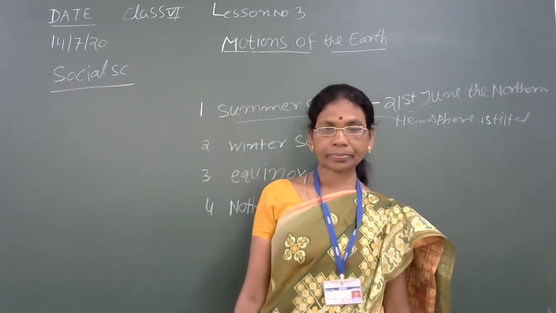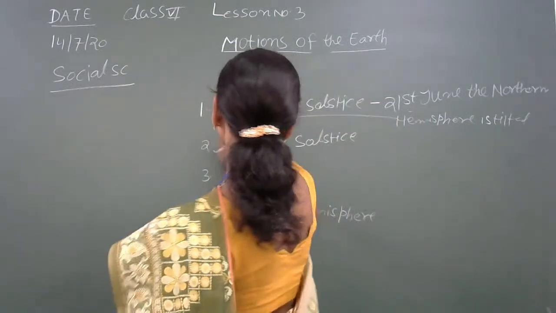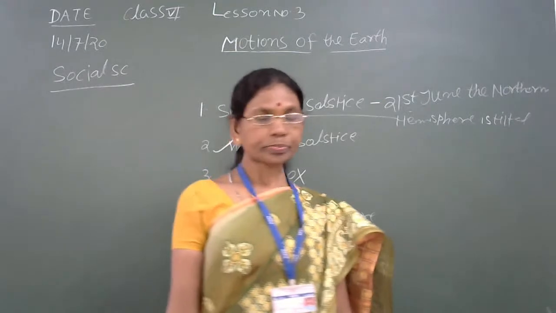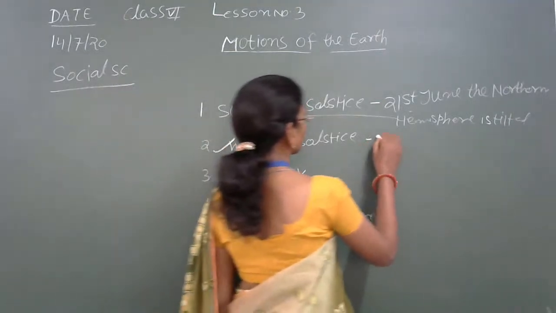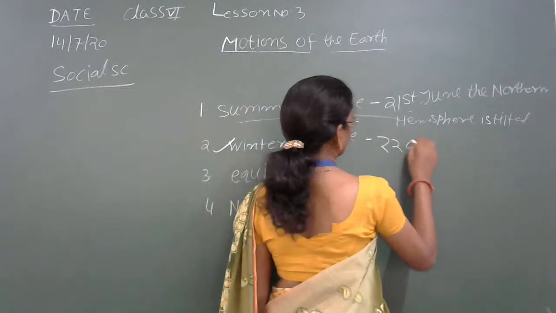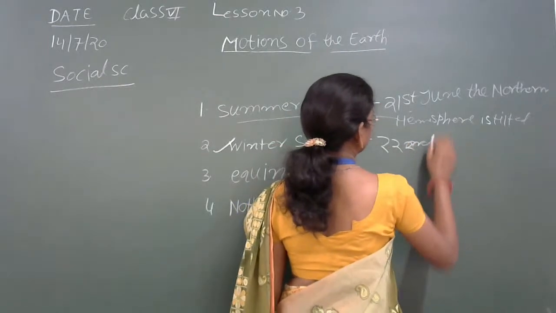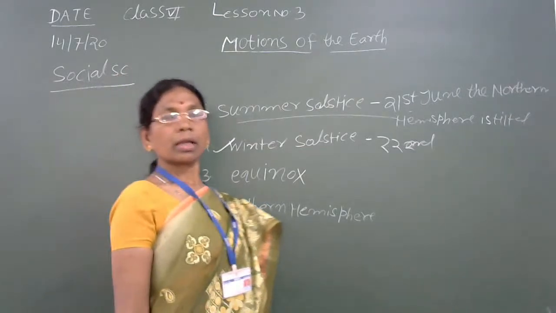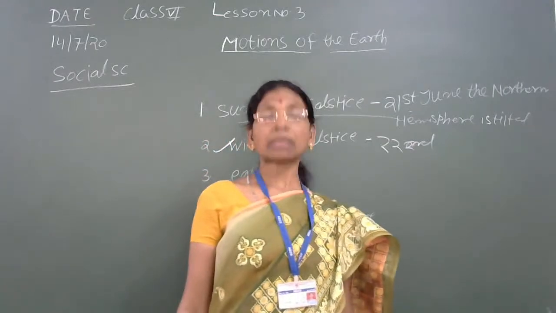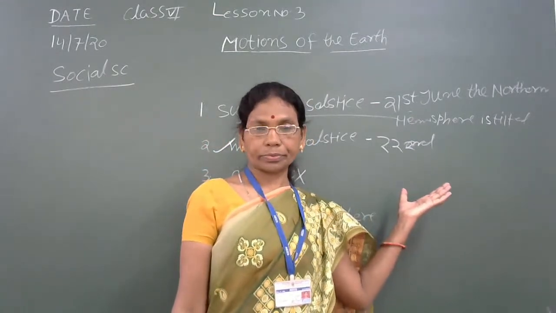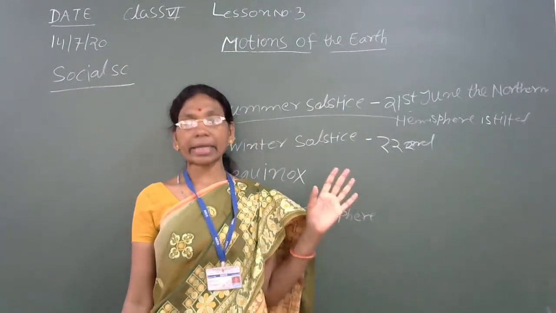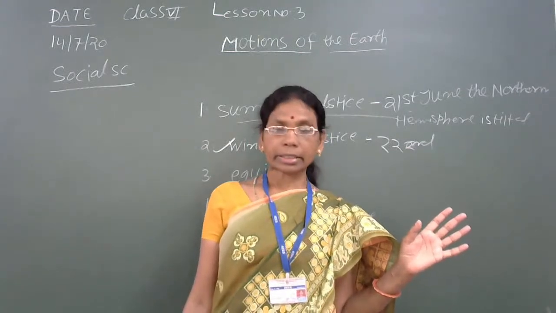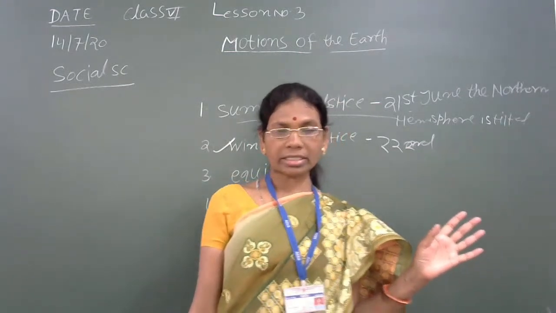Come to the next, that is winter solstice. What is winter solstice? So now here on 22nd December, the Tropic of Capricorn receives direct rays of the sun as the south pole tilts towards it.